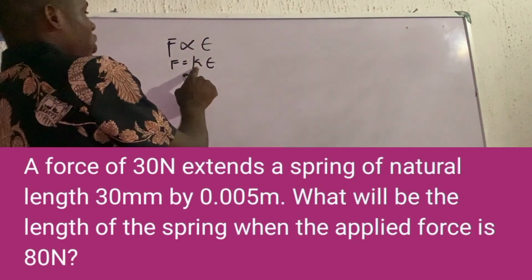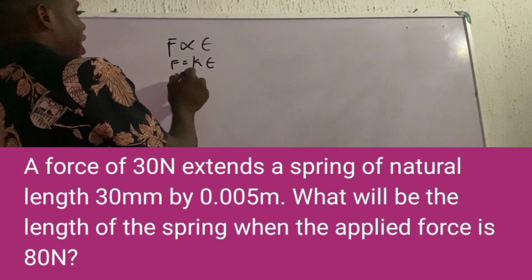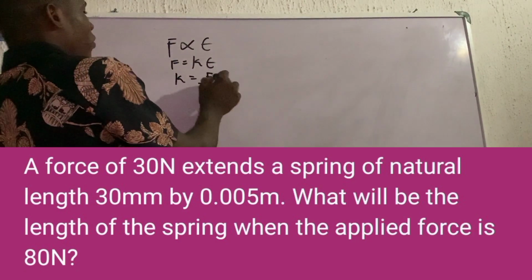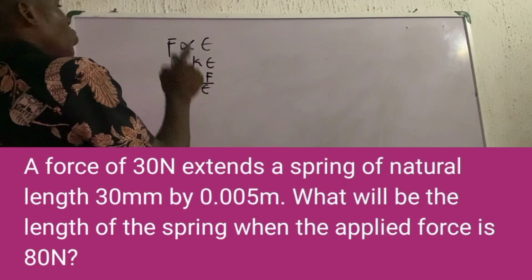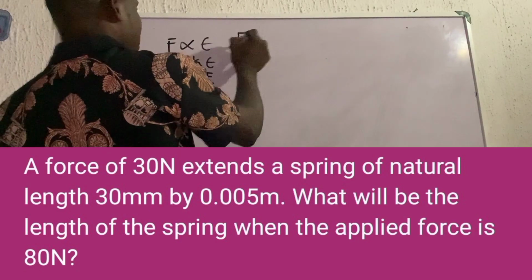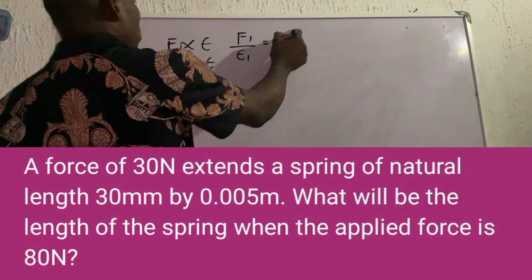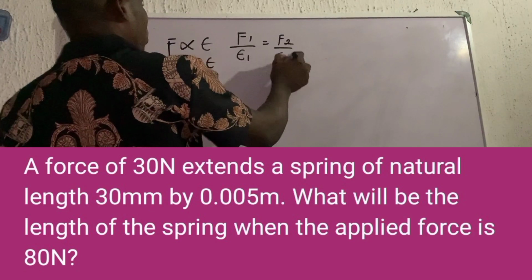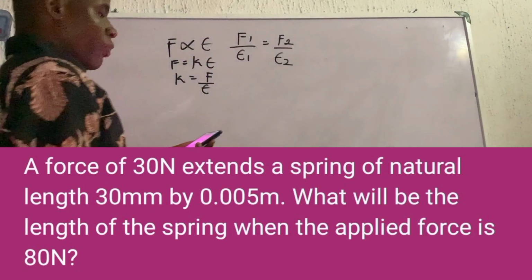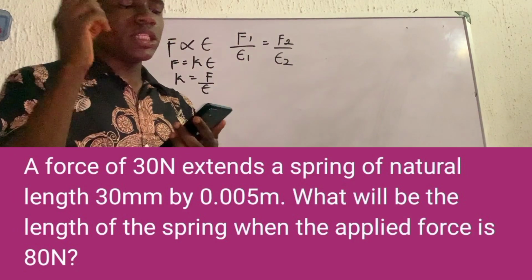When you make K subject of formula, you get that K is equal to F all over E. So by this, we can say that F1 all over E1 is equal to F2 all over E2.